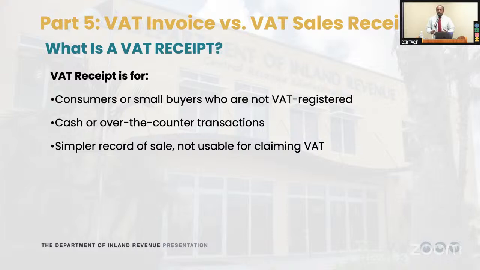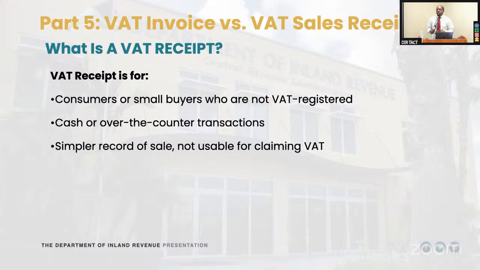So if you go into a business and they give you an invoice or they give you a receipt, in this instance, it's interchangeable because why? You're not a VAT registrant. However, the minute you are doing business with them as another VAT registrant, everything you get from them has to be a VAT invoice and not a receipt so that you can actually claim your inputs.